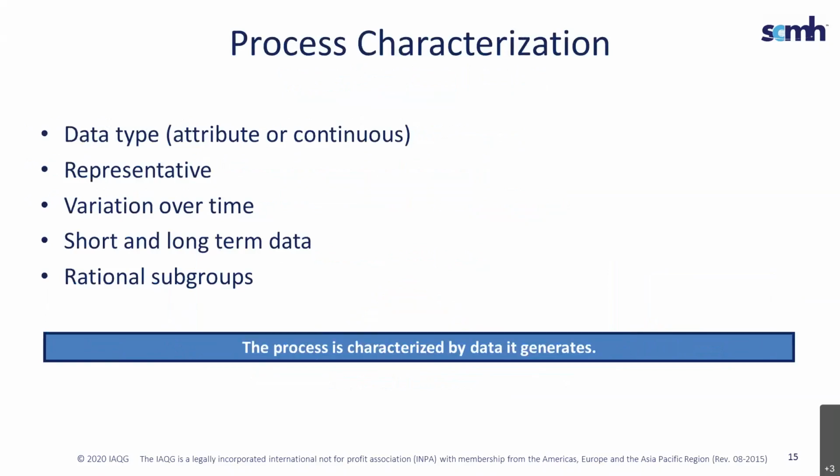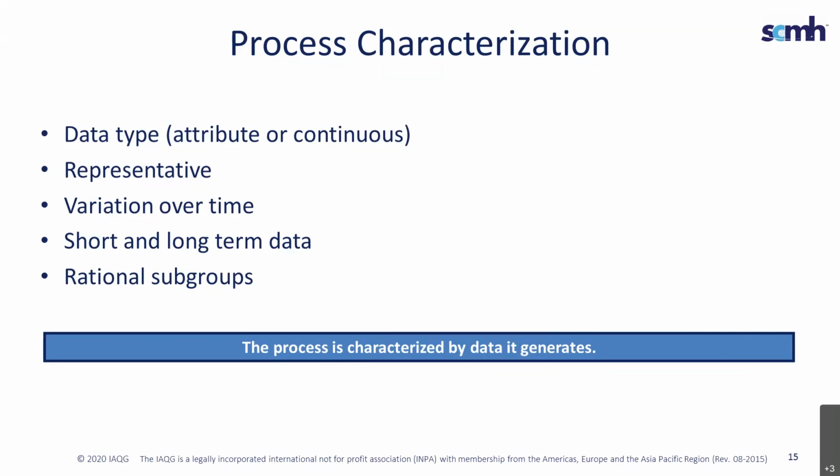All right, now, to understand process capability, before we even get into giving indices or an answer of whether that process is capable or not, or what it is capable to, you have to understand the process has to be characterized. In other words, what type of data are you going to be gathering to characterize this process? Is it attribute or variable? Is it representative of the actual process that you're running?